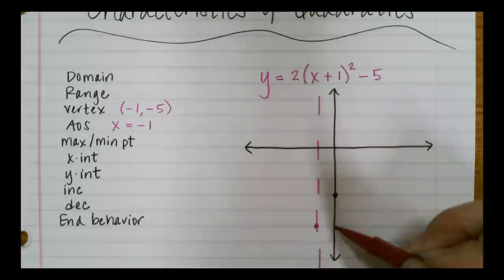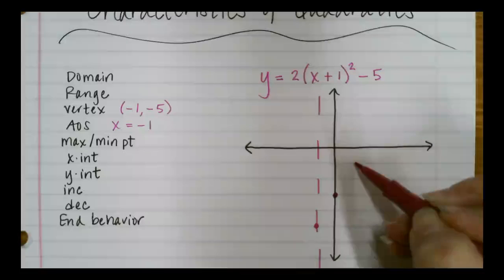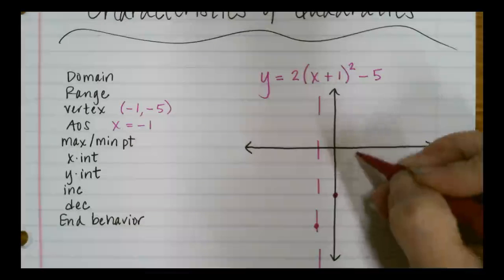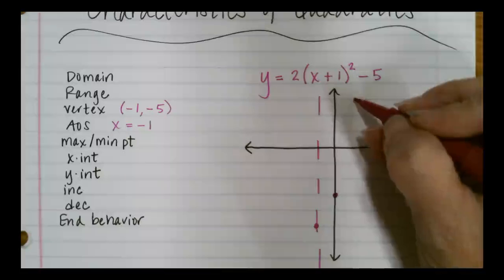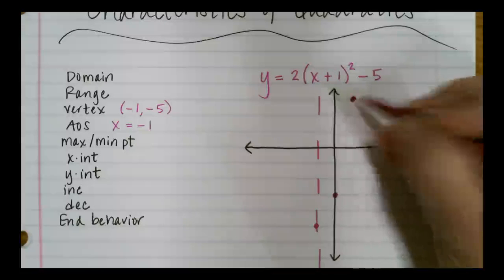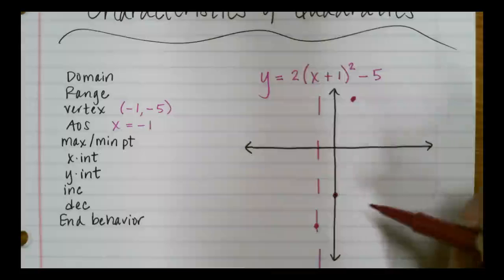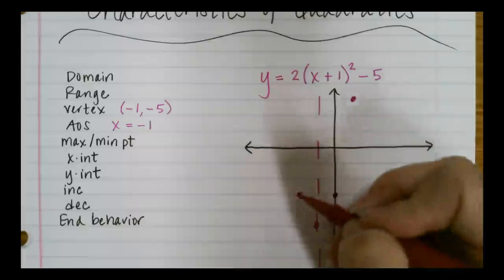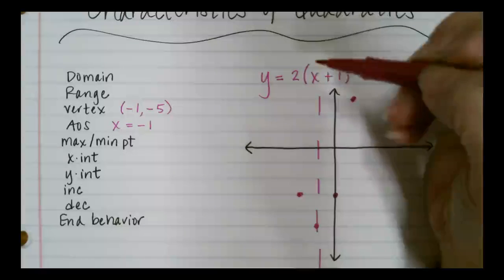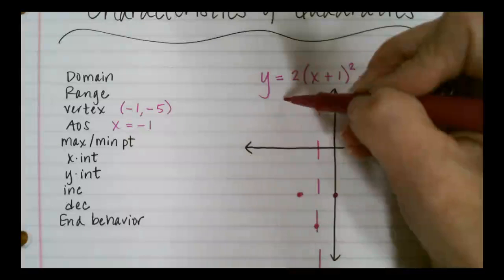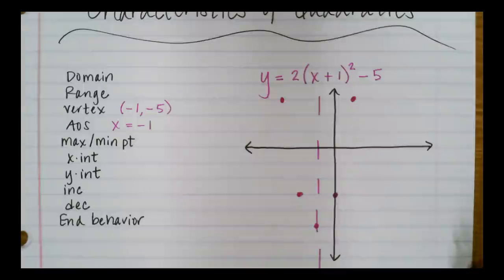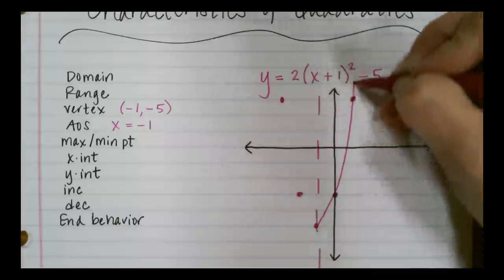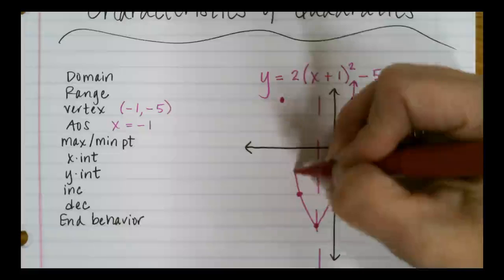Instead of going over 2 and up 4, I'm going to go over 2 and up 8, which is right there. All right, and then I know that the axis of symmetry works as a mirror, so I have mirror image points on the other side. So now I can draw my parabola.